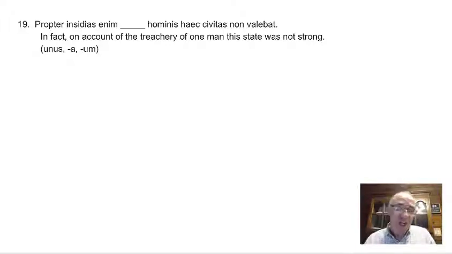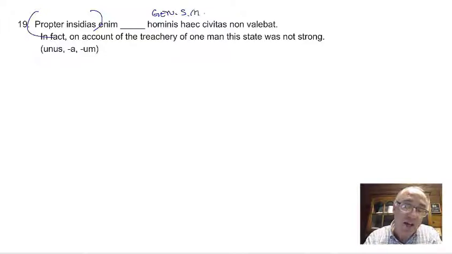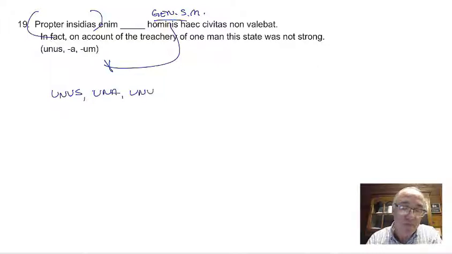Number 19. In fact, on account of the treacheries of one man, this state was not strong. Aha! Oh, this is a tough one. Because of the insidiousness, the treachery of one man, this is genitive, singular, masculine. So we need the genitive singular masculine form of unus, una, unum.